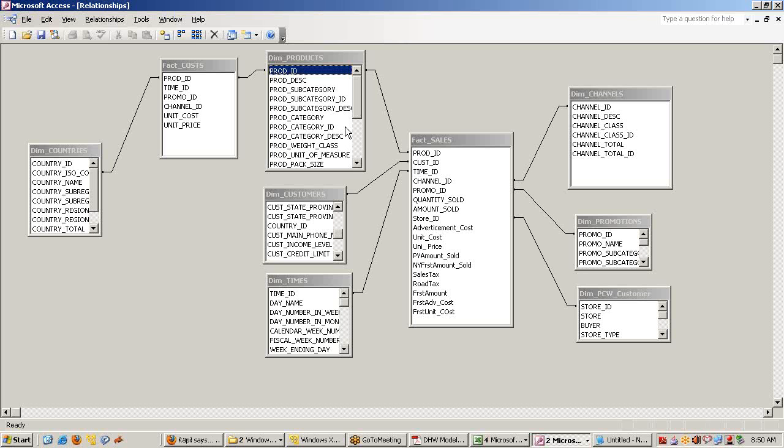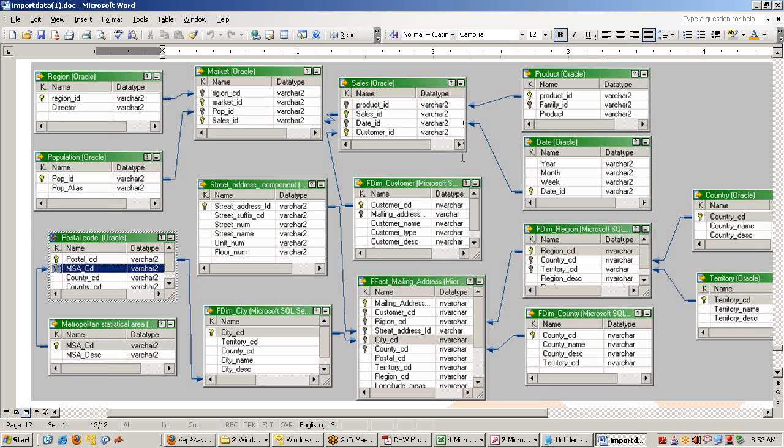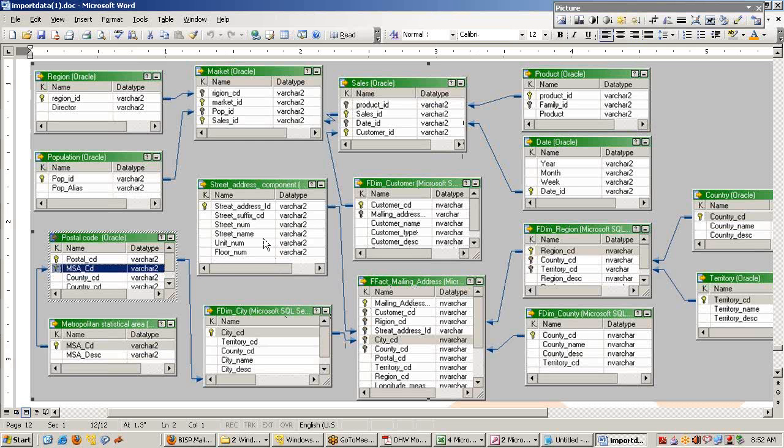Generally, when we move from transactional model to OLAP model or multidimensional model, we denormalize this information. So in this model, there are more than one table which store customer information, customer mailing address, customer city, customer street address, customer metropolitan city, postal code, country, there are various tables.